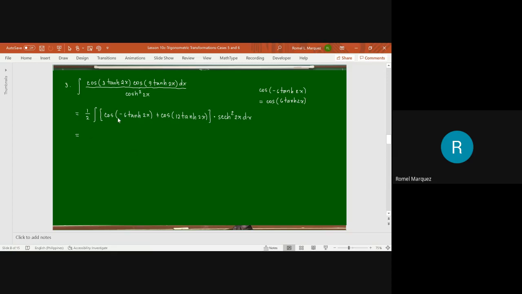So I can discard this negative, getting 1/2 integral of, I need space here because I'm going to put positive 6 later, cosine of 6 hyperbolic tangent of 2x times hyperbolic secant squared 2x dx. Okay, guys?